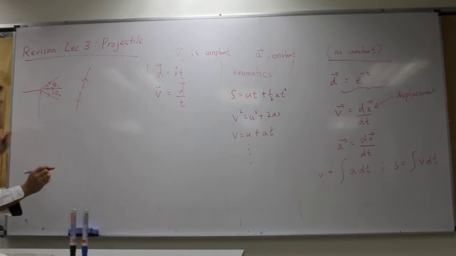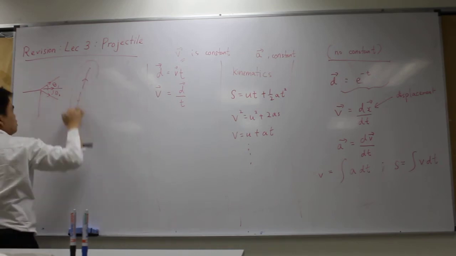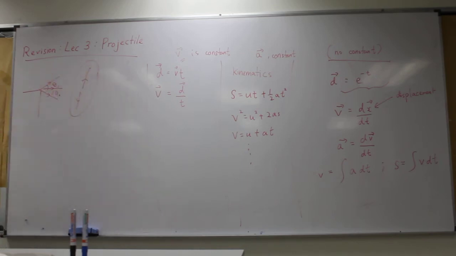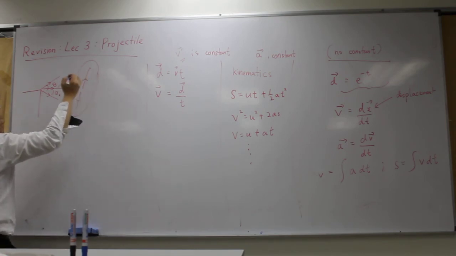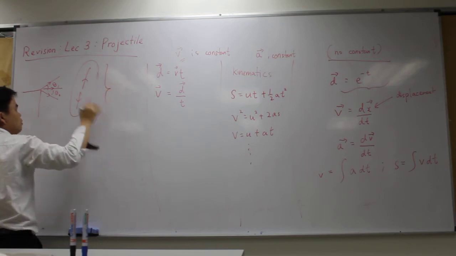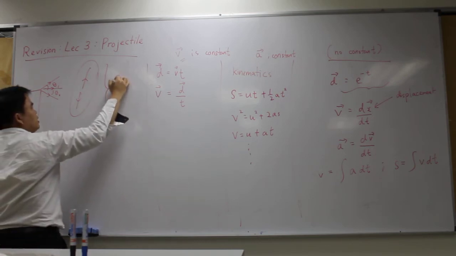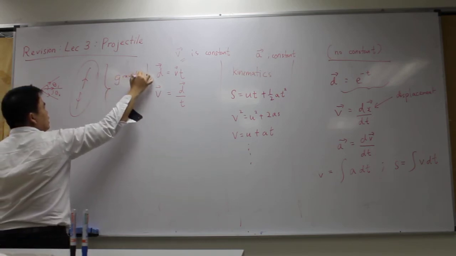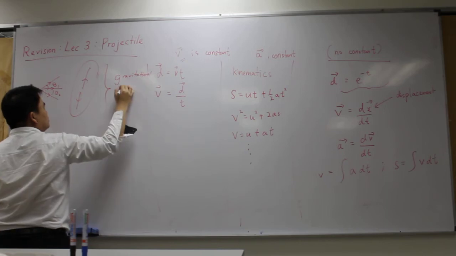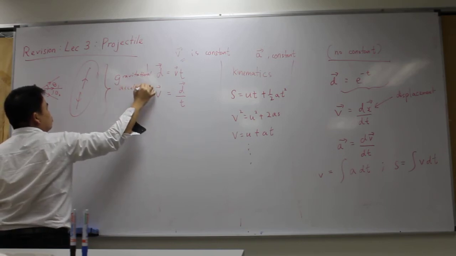Okay, the first thing, let us take a look at this part, which is the vertical projectile. So for vertical projectile, it's quite easy. Basically, you should know that the vertical projectile is linked to gravitational acceleration, denoted by g.